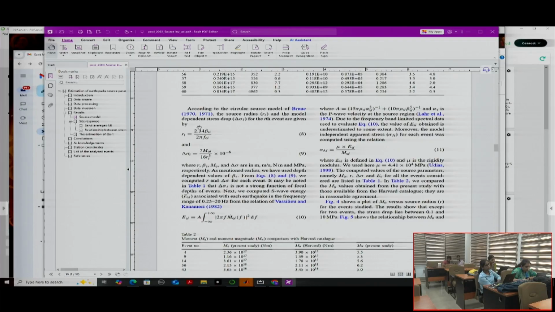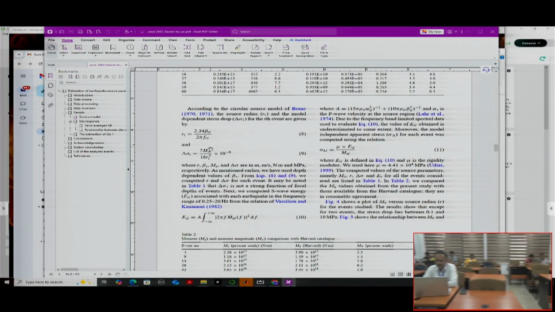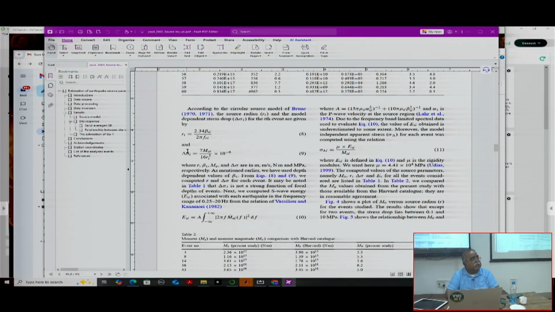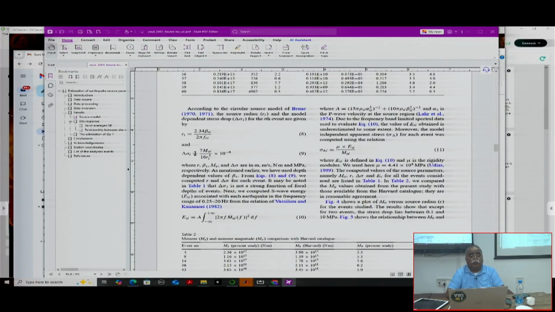If you know the radius value, then you can calculate the stress drop. So the stress drop will be equal to 7 into M0 that you have already calculated divided by 16 r cube into 10 to the power minus 6. So calculate your stress drop and the radius from these two relations, if you have M0 and fc value.